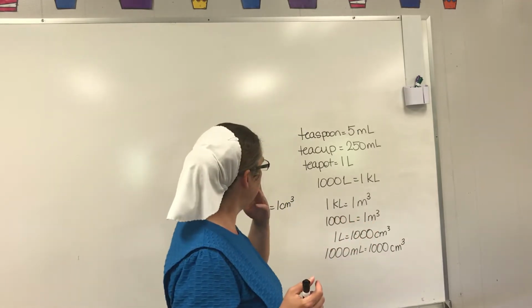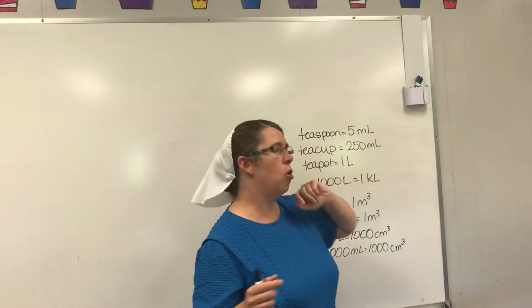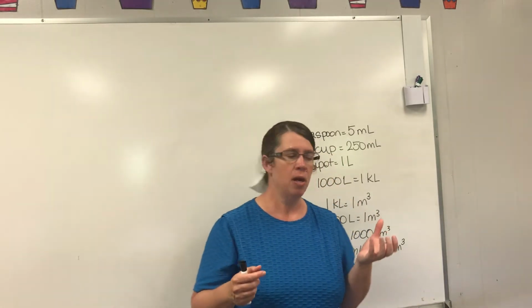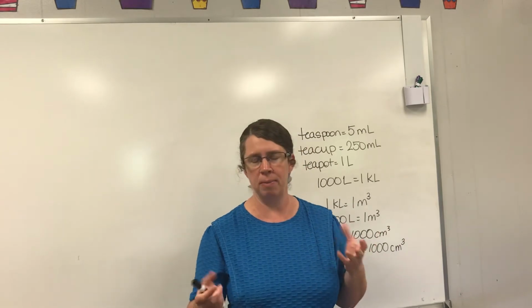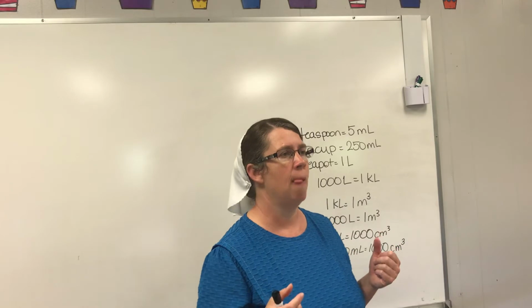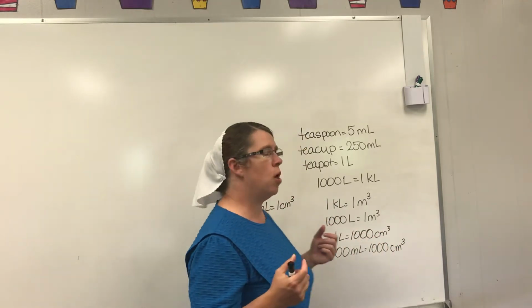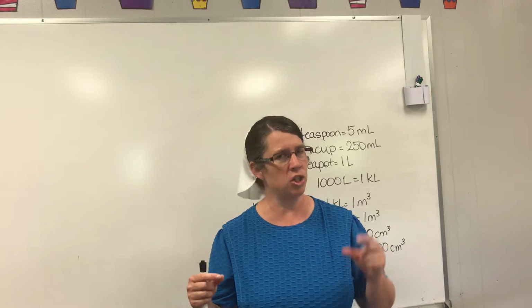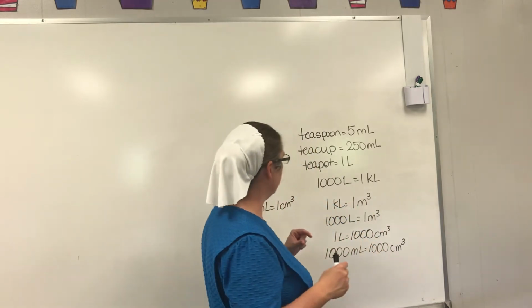A teacup will hold 250. Think about a coffee cup. A teacup is usually a little bit smaller, but it will hold 250 milliliters. So milliliter is just really little.